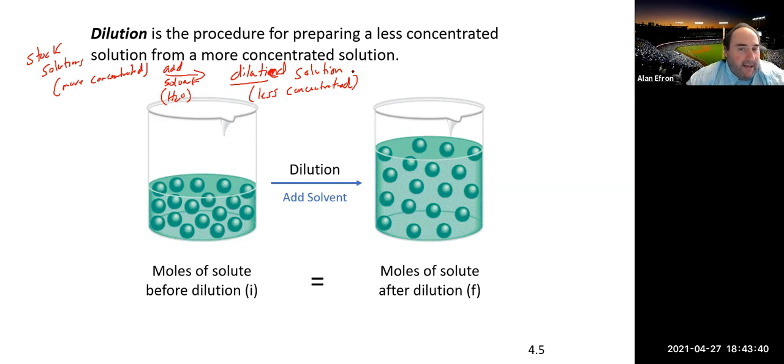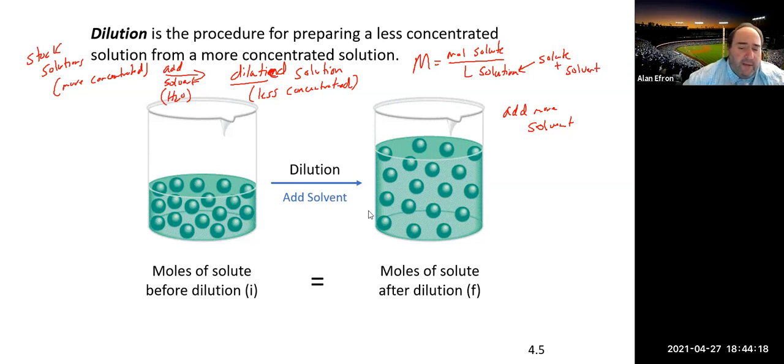So why does that happen, that when we add more solvent the molarity goes down? We can see why when we look at the molarity equation. Again, the molarity is our moles of solute divided by liters of solution. When we do a dilution, remember that the solution is made up of two things: the solute plus the solvent.